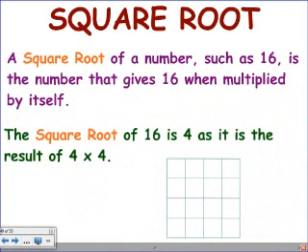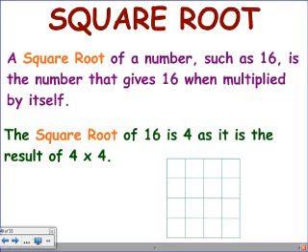So let's do the opposite now. We've done square numbers and cube numbers. Let's do the square root. So what's the square root? The definition of a square root. So what James is saying is, when you have a square number, what are the 2 numbers that were multiplied together that gave me that? What was the number that was multiplied by itself? So the square root is the number that gave me the square number.